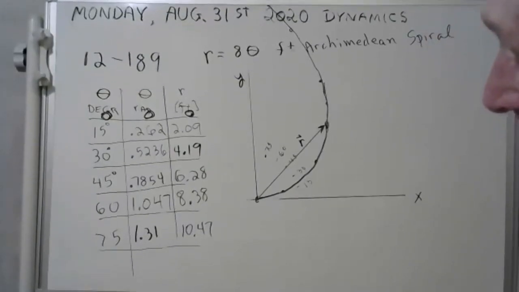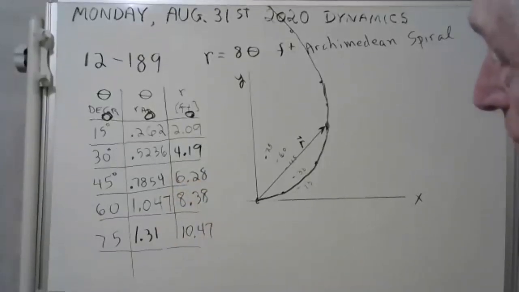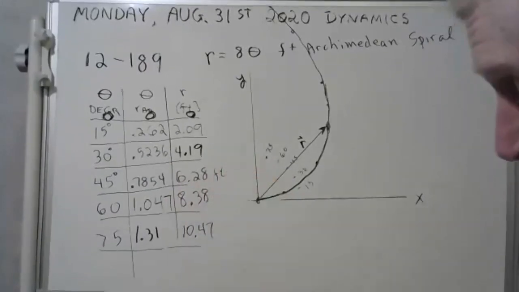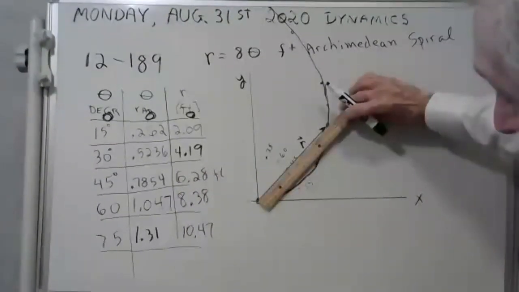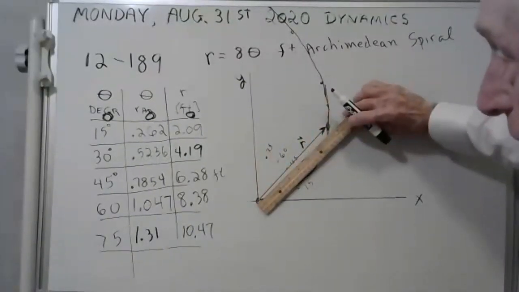Position vector. And I tell you how long it is. It's 6.28 feet. These are feet. Of course, I used inches. I measured it as, no, wait a minute. Did I goof up?